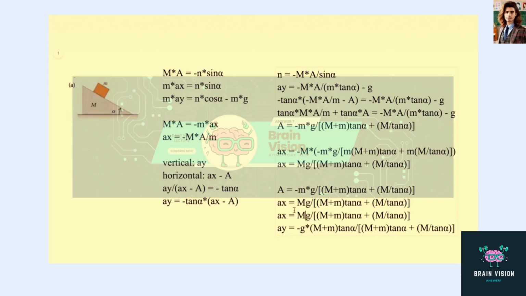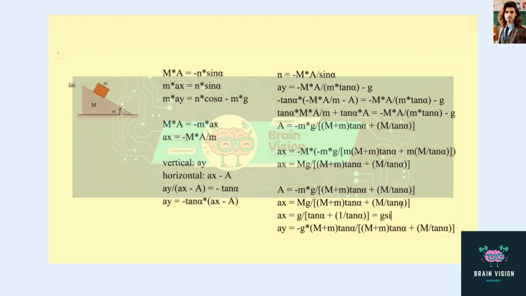We originally have this capital M in the denominator, but little m is much smaller than that. So we can basically say that little m is negligible or 0 compared to big M. And now we have big M in the numerator and in both terms in the denominator. So that's just going to totally cancel out. We're just going to be left with 1 over here. This is going to cancel. So this is what we're left with, which will simplify to G.